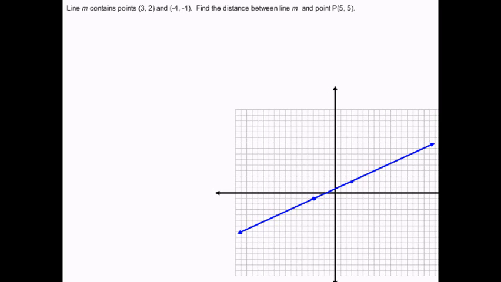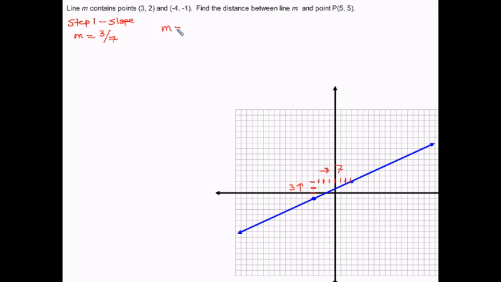Okay, and then I'm going to count the slope. And to get from here to here, I'm going to go up 1, 2, 3. So up 3, and then over 1, 2, 3, 4, 5, 6, 7. So step 1 is the slope, and I get 3 over 7, so 3/7.